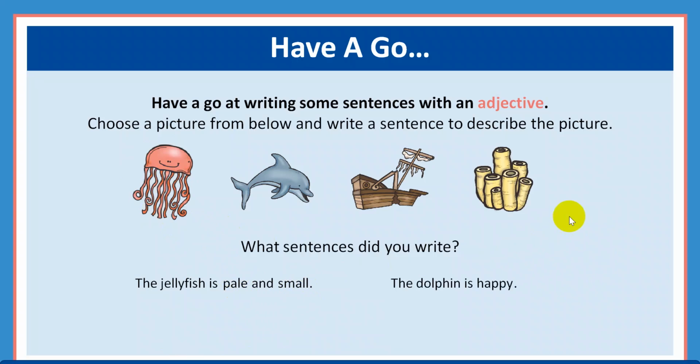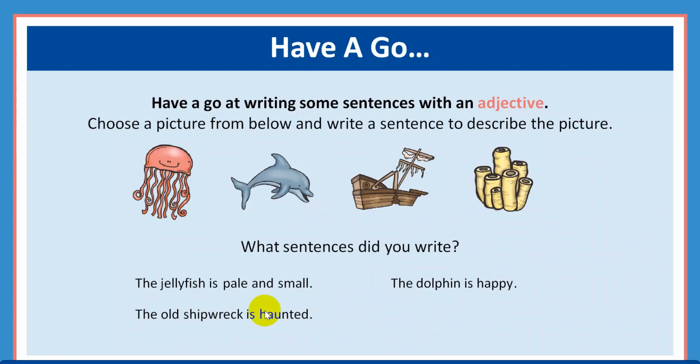Great. Number 2, about the dolphin. The dolphin is happy. The dolphin is the noun. Happy is the adjective. The old shipwreck is haunted. Where is the noun, the shipwreck? Where is the adjective, the word old, described the shipwreck?